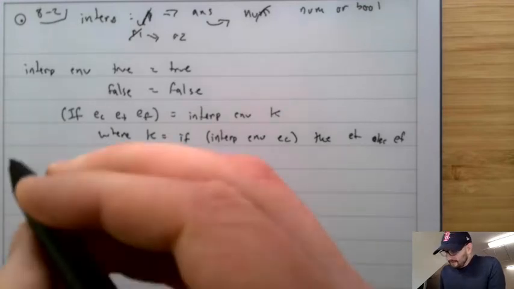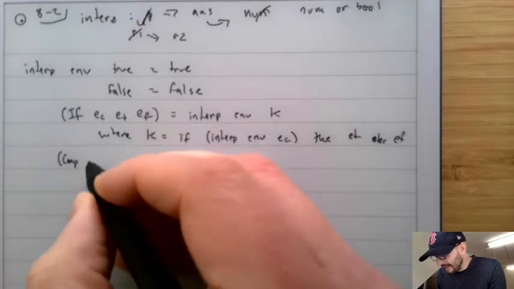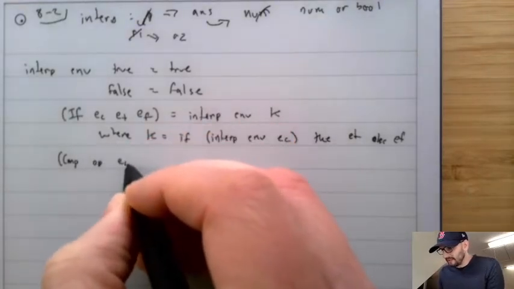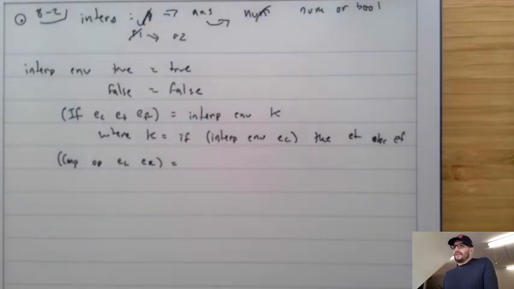And then finally, we need the comparison operations. If we have a comparison operator that says which particular operation we want to do, then the expression on the left and the expression on the right, what we do is the actual operation.